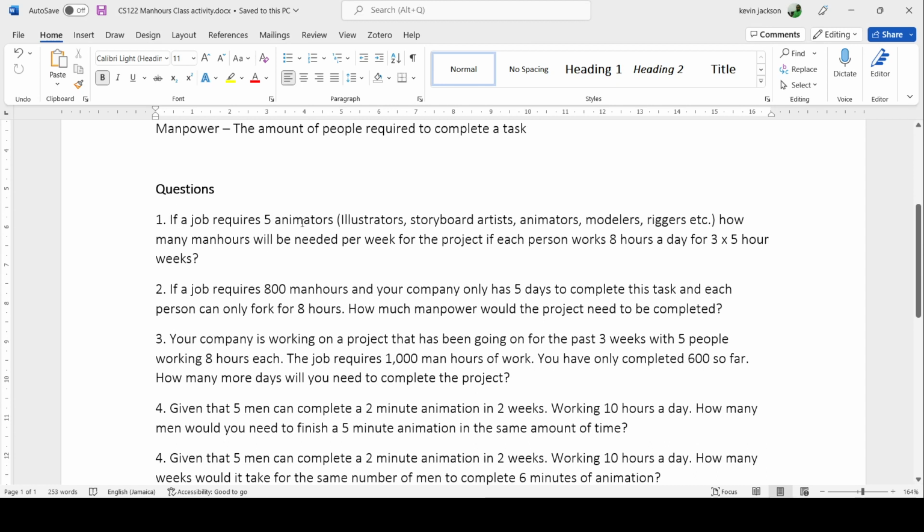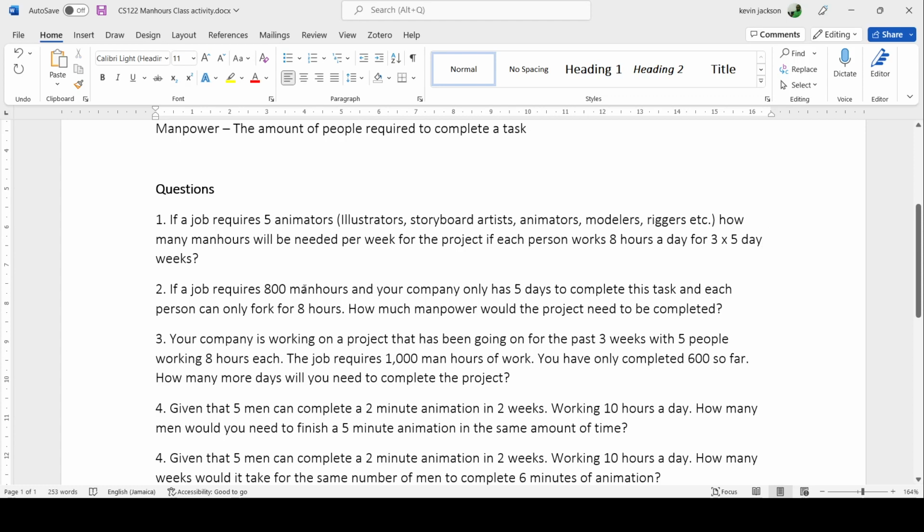Question 1: if a job requires 5 animators, and animators means illustrators, storyboard artists, animators, modelers, riggers, etc., how many man hours will be needed per week for the project if each person works 8 hours a day for 3 times 5-hour weeks? Oh, sorry, this should be 3 times 5-day weeks.